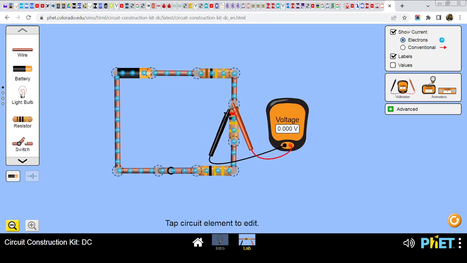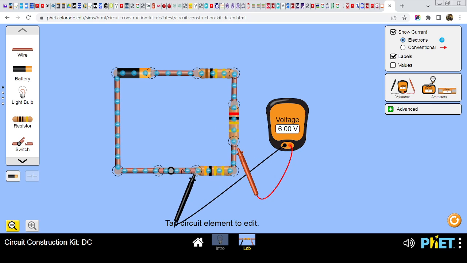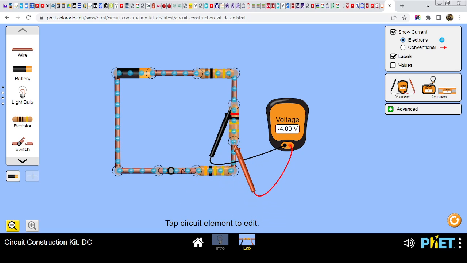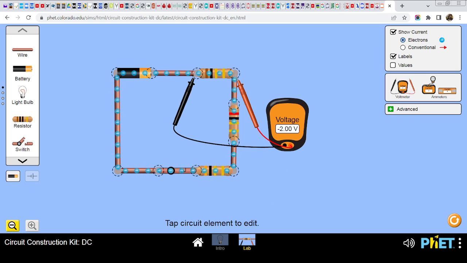4 volts here, and we have 6 volts here. If you sum the potential differences of these three resistors, they are exactly the same as the potential difference powering the EMF here, the electromotive force that is powering this system.